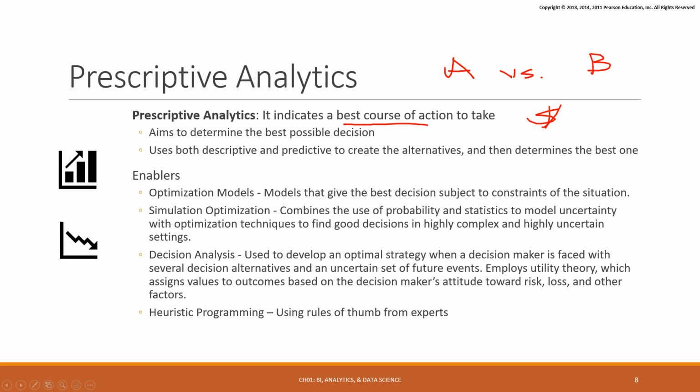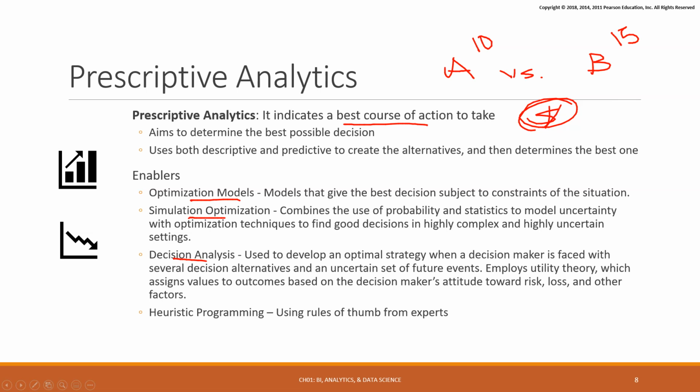Using prescriptive analytics, we can run some optimization models that will tell us which of these products to build. We might even find out that it might be better to build 10 of product A and maybe 15 of product B, and that will give us the most amount of profit. And we'll talk about the limitations of this as well. This is an example of optimization modeling and some simulations as well.